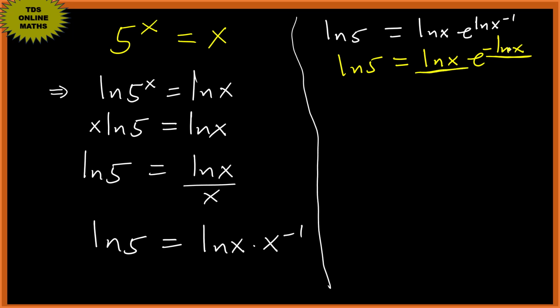Something is missing here: we have negative ln of x and we have ln of x here. So we have to introduce a negative on both sides to make them equal. I'll go ahead and multiply through by negative 1, so we have negative ln of x times e raised to ln of x.